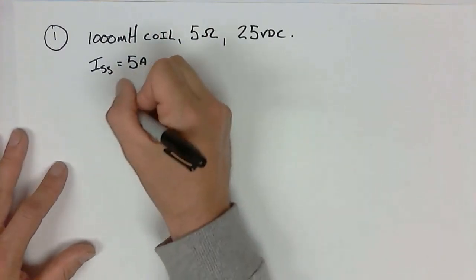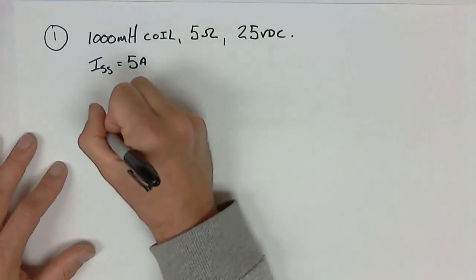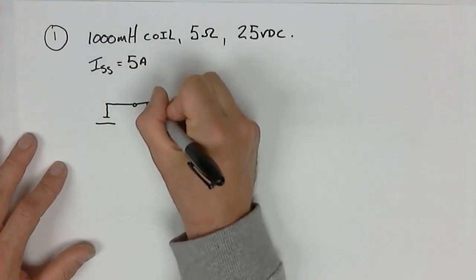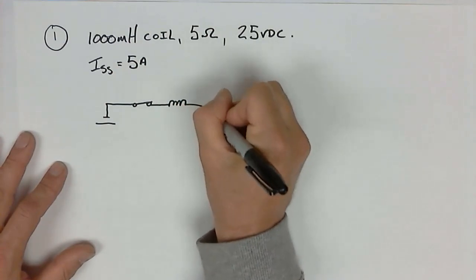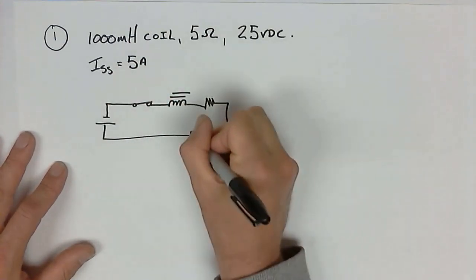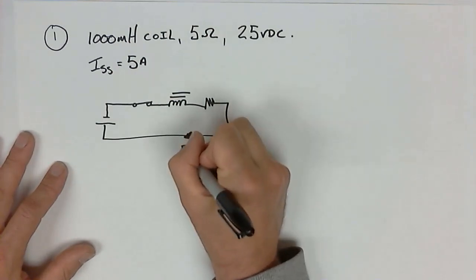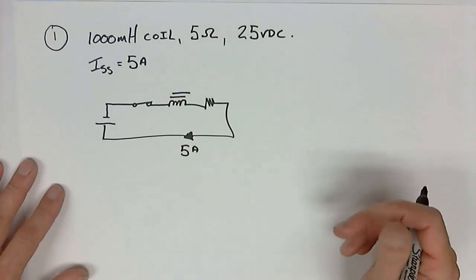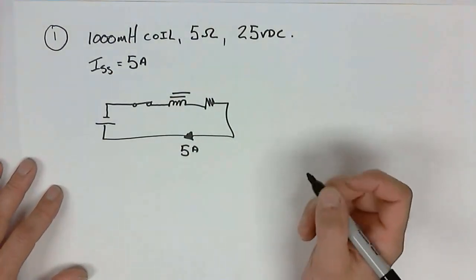Now, what we're going to do with this circuit is we're going to introduce a switch. So there's my coil, there's my resistor, and currently it's all charged up, 5 amps worth of current flowing through the circuit. I'm going to open the switch.